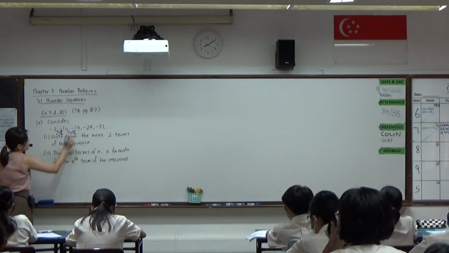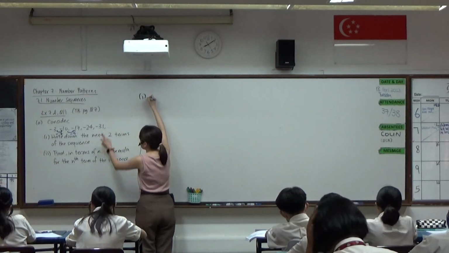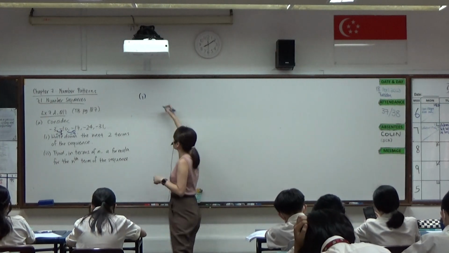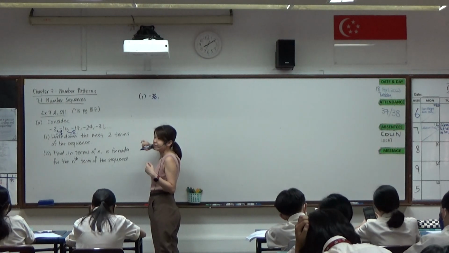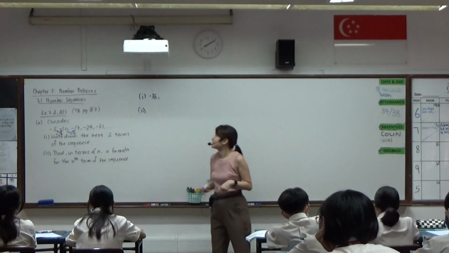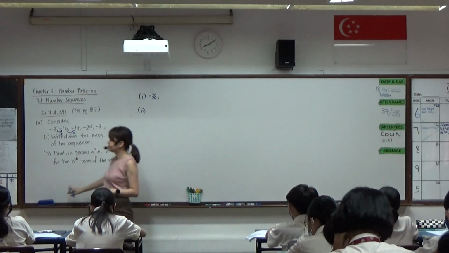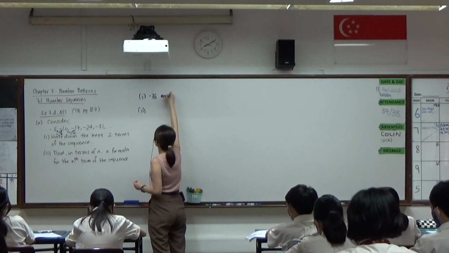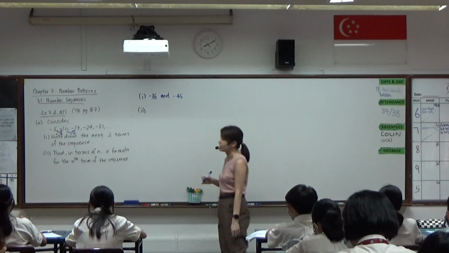Lucas, can you tell me what are the next two terms? Negative 31, what would it be next? Negative 38, followed by? You got a calculator, right? So what's the next term? Negative 45. So the next two terms are negative 38 and negative 45.